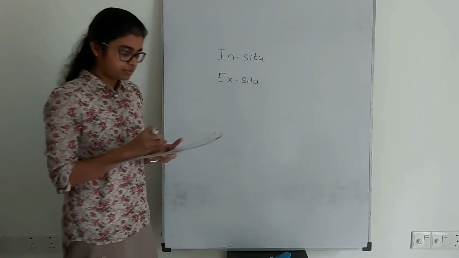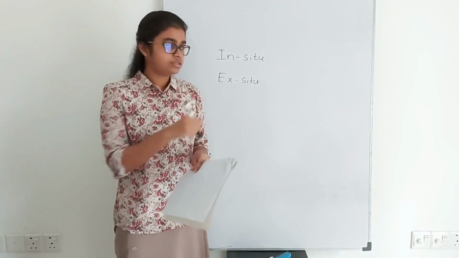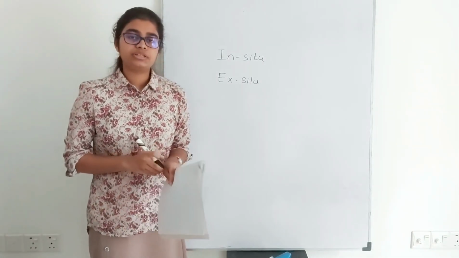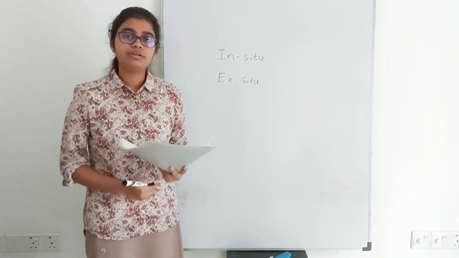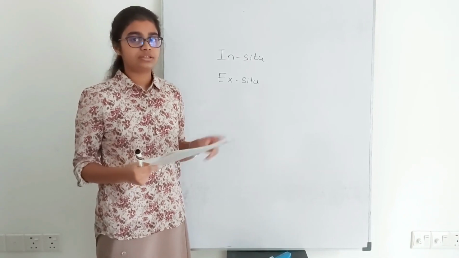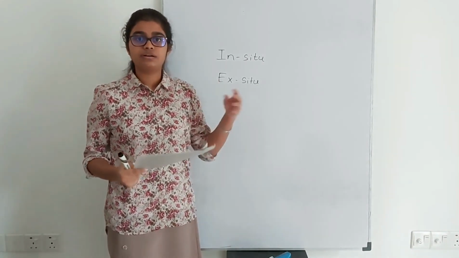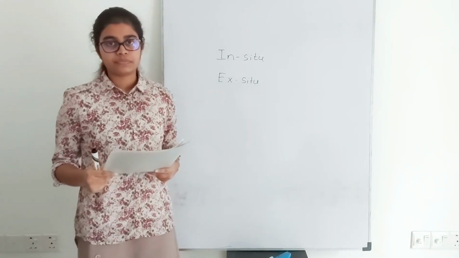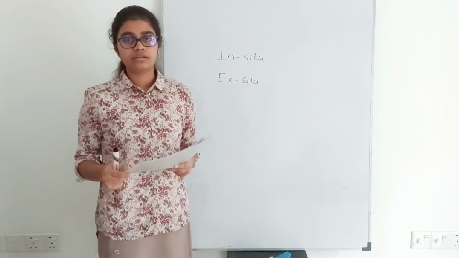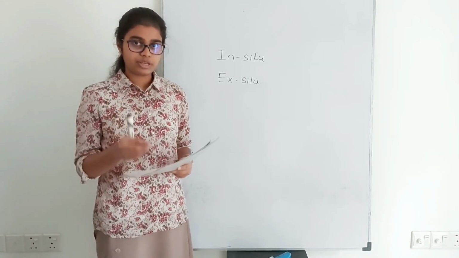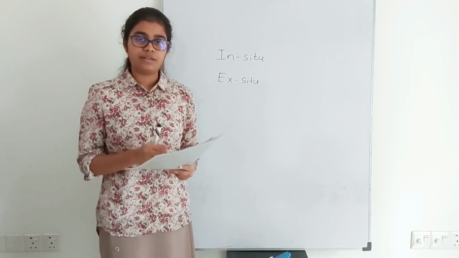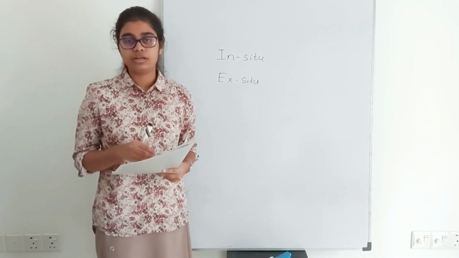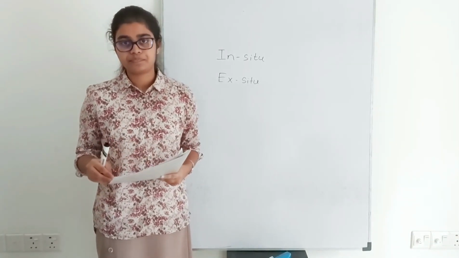The main difference between these 2 is, in in situ conservation, the species are kept in their own natural habitat, while in ex situ conservation, they are taken away from their natural habitat. So let's discuss it in detail. In situ conservation, the species is protected and the reproduction is ensured in their own natural habitat.